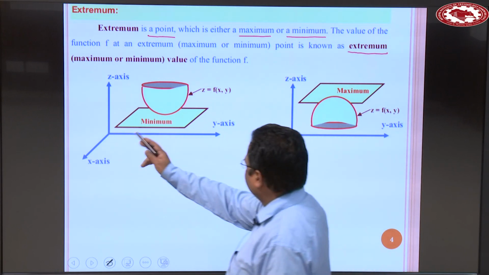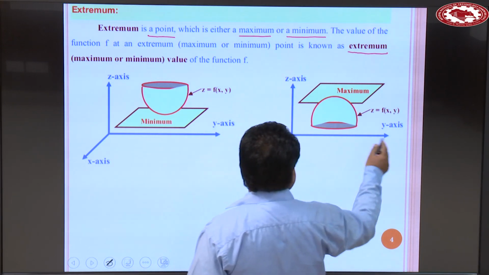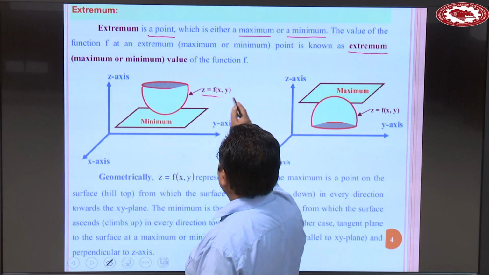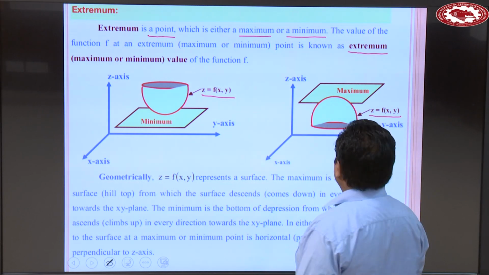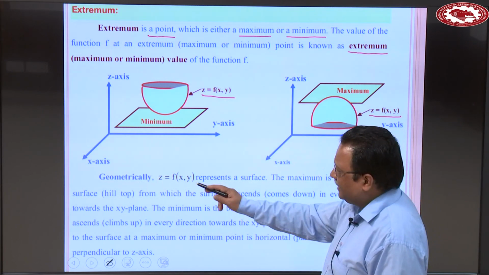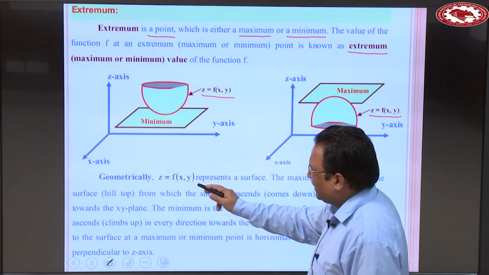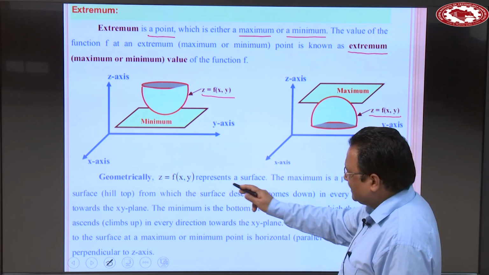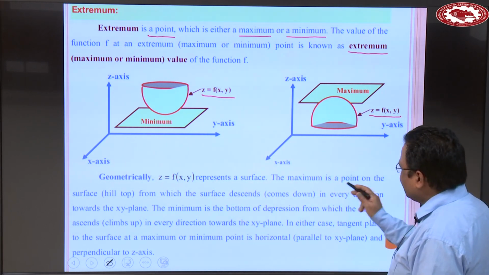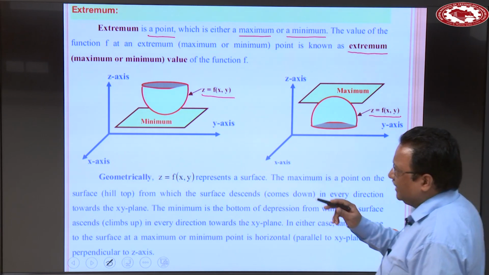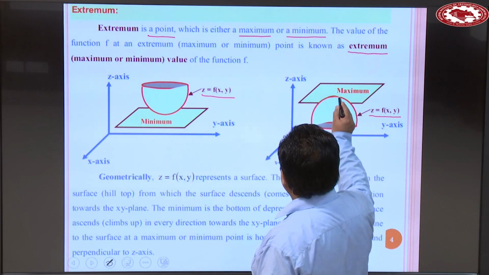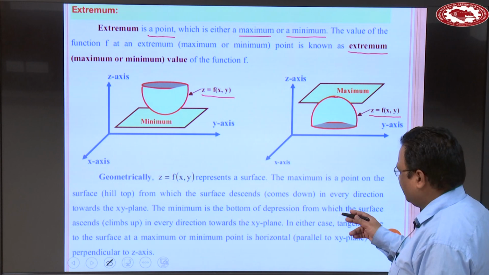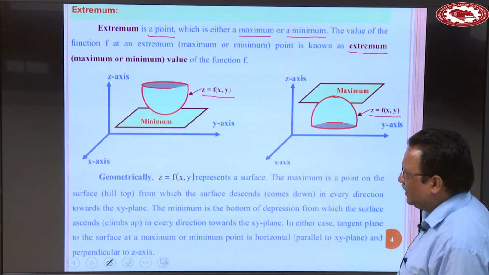Here we have the x axis, y axis, and z axis, and this is the surface z = f(x, y). Geometrically, z = f(x, y) represents a surface. The maximum is a point on the surface like a hilltop, from which the surface descends, that is comes down, in every direction towards the xy plane.